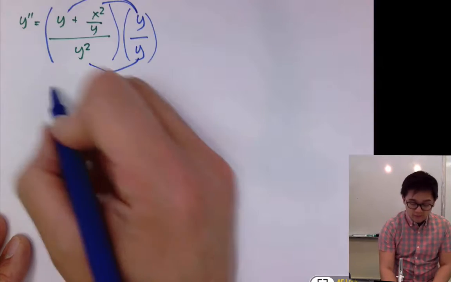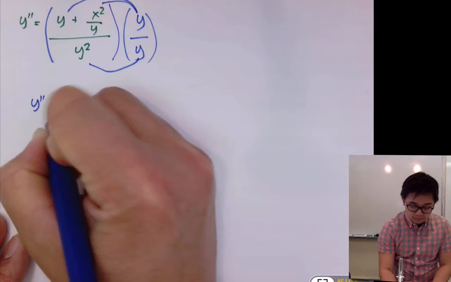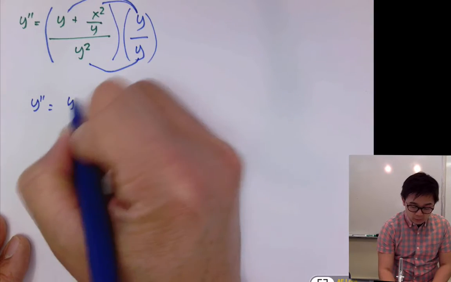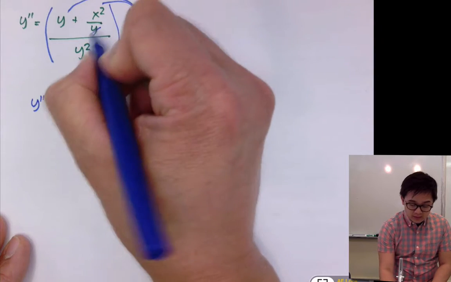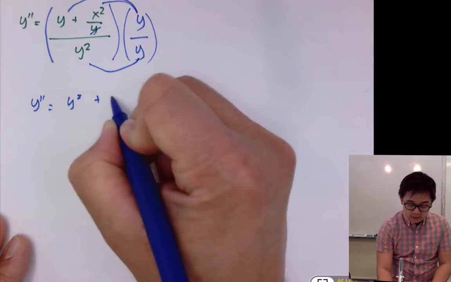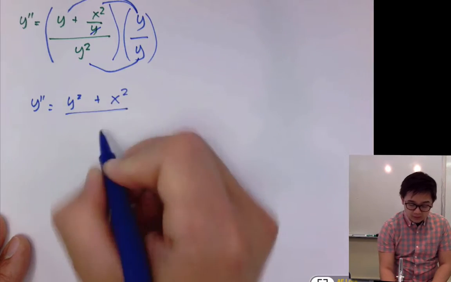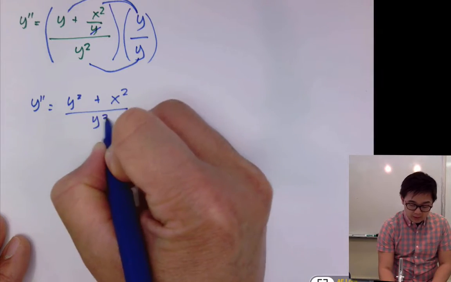And our fraction will now become y times y is y squared. Y times x squared all over y, this cancels out, so you'll only have x squared right here. And this one is y cubed.